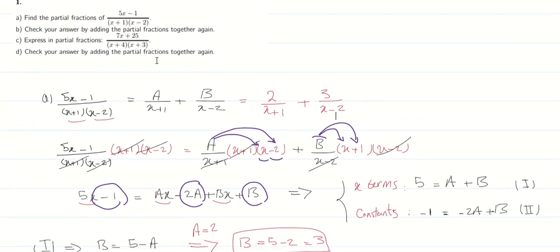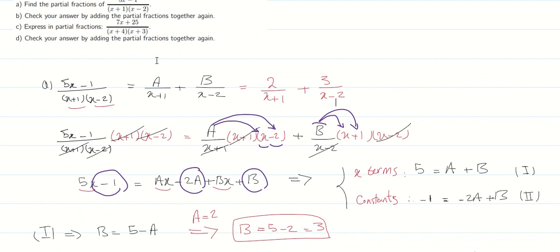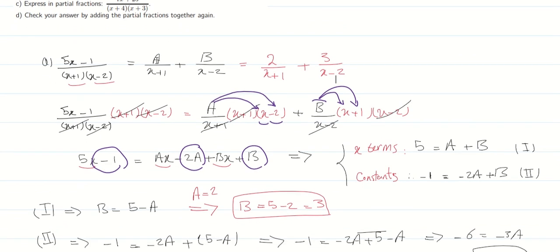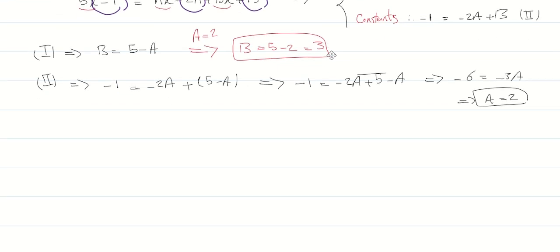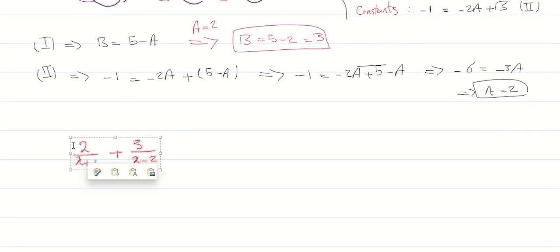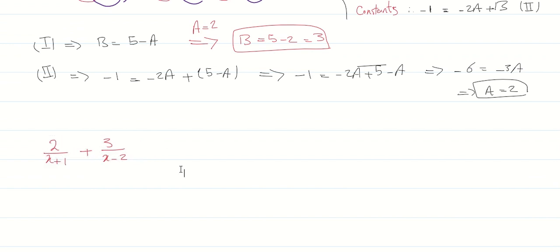Now on the b part, it wants us to check the answer by adding the partial fractions together. So our partial fractions was this, and now I'm just gonna add them up to see if I can get the same expression that we had on the question. So we are dealing now with two fractions in here which don't have the same denominator, as you see in here, x minus 2 and x plus 1.